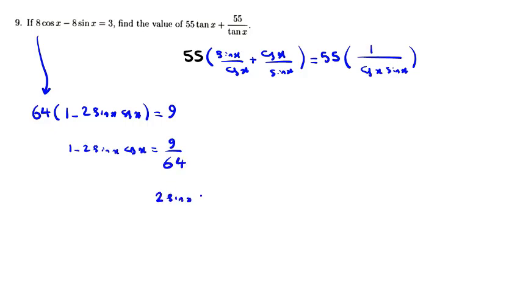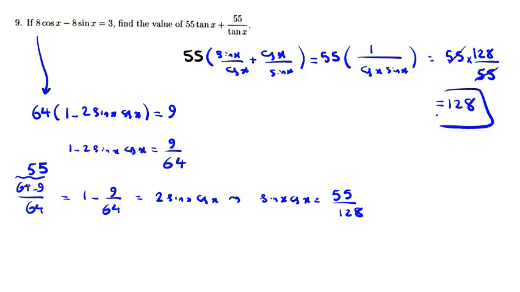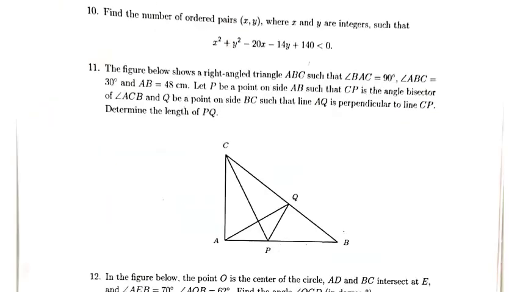So 2 sine x cos x is 1 minus 9 over 64, so it will be 64 minus 9, which will be 55 over 64. And then we reach that sine x cos x equals 55 over 128. Now we write here 55 times the reciprocal of that, 128 over 55. So if we cancel 55 and 55 here, the answer is equal to 128.